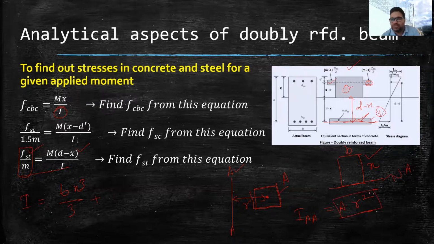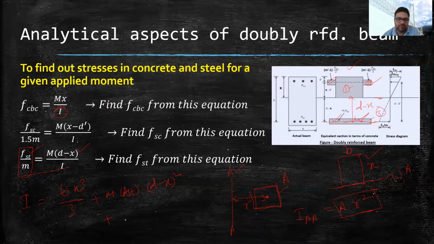So using this concept, I can find the moment of inertia of this rectangle and this equivalent area about this axis. So I'm writing here m into Ast into the distance, which is d minus x, squared. Plus, similarly, I will find the moment of inertia of this equivalent area in the compression zone.